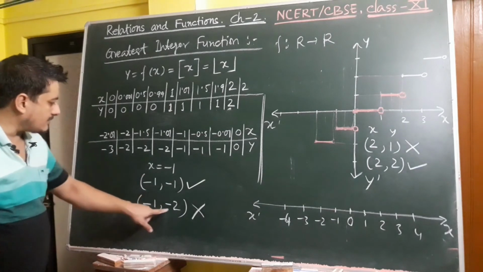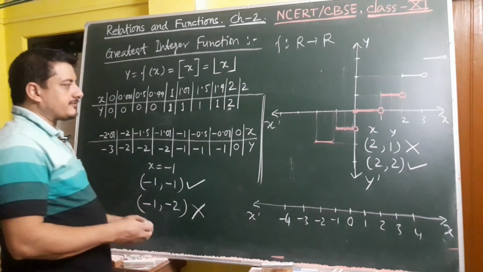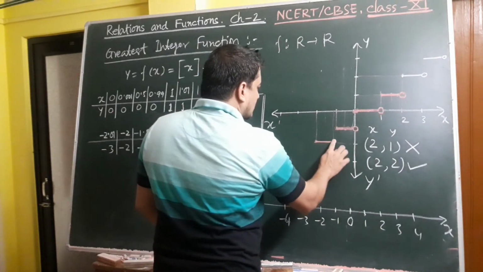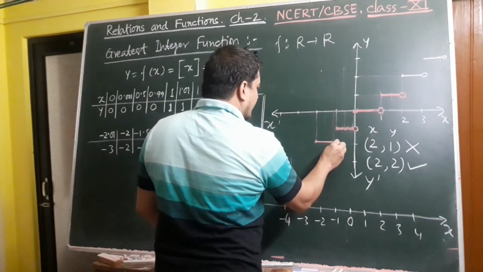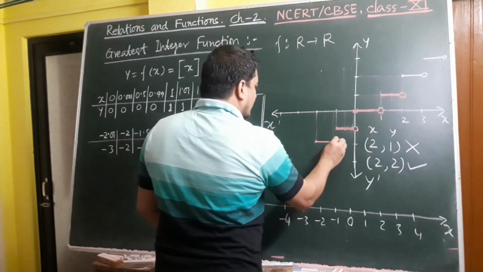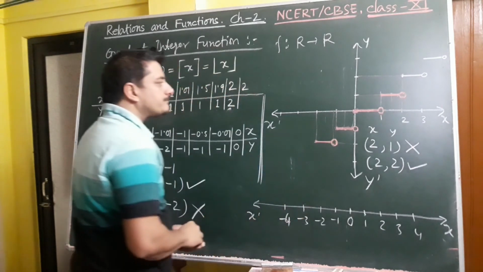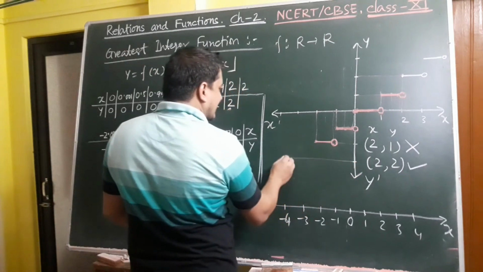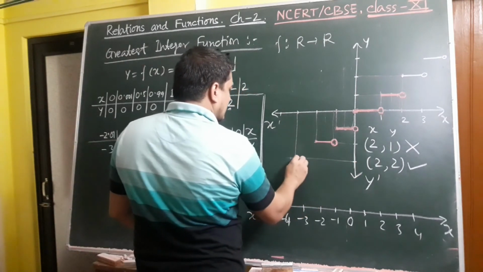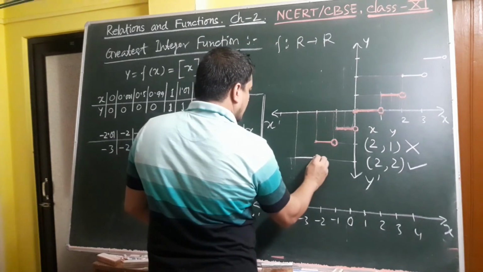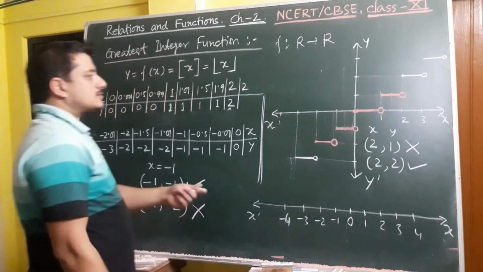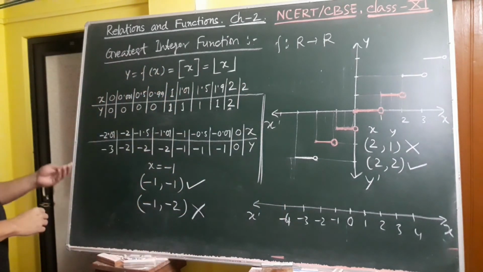To show that this point is not part of the graph, we show it with a small hollow circle. The pattern is repeated and goes on like this. So this is the way you draw the greatest integer function.